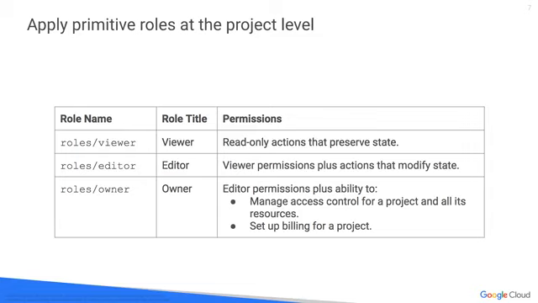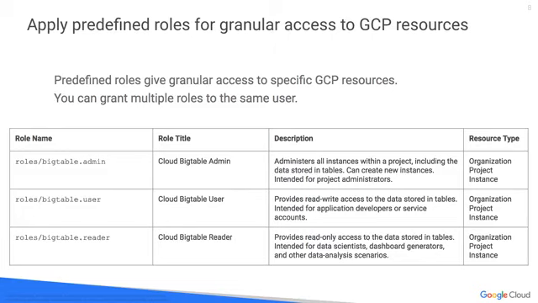The owner role does not contain any permission for the organization resource. Granting the owner role at the organization level does not allow you to update the organization's metadata, but it allows you to modify projects under that organization. Cloud IAM provides predefined roles that give granular access to specific Google Cloud Platform resources and prevent unwanted access to other resources.